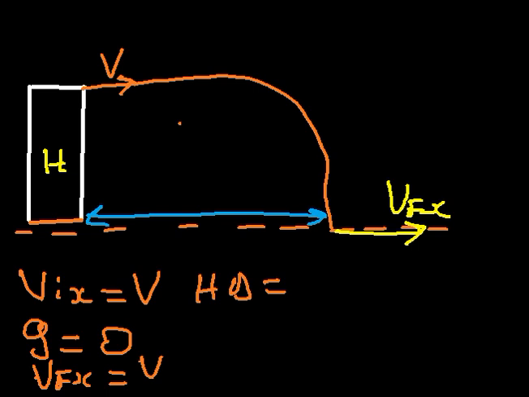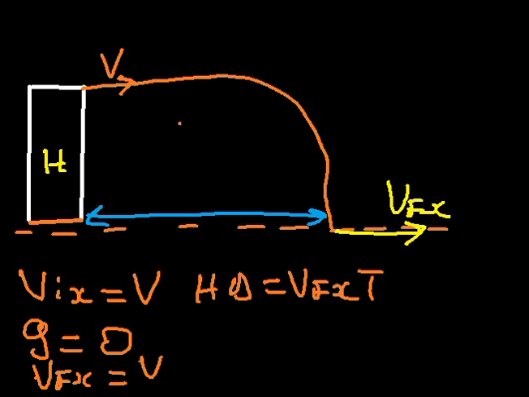The horizontal distance can be given as vfx or vix, times the time, which is the total time t. The time it takes for the object along the x-axis to move from the point of release to where it strikes the ground is the same time as for the whole entire journey.